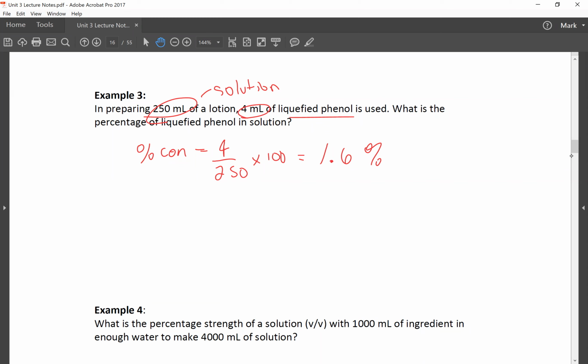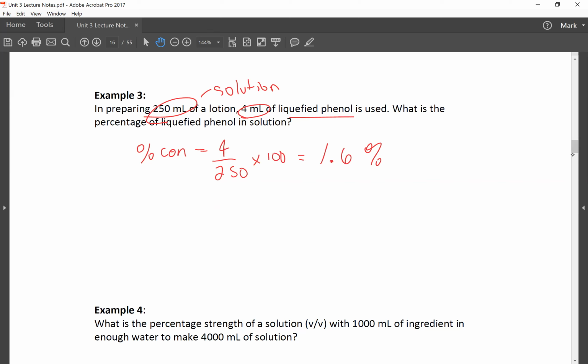No, if any of you subtracted 250 minus 4, you don't need to, because the 250 is the final amount of that lotion. So don't subtract the 4 from 250. We're making a total of 250 milliliters of a lotion, and we're using 4 milliliters of phenol. If you used 244, you did not need to do that.